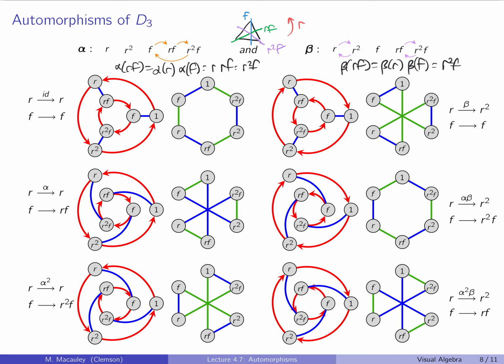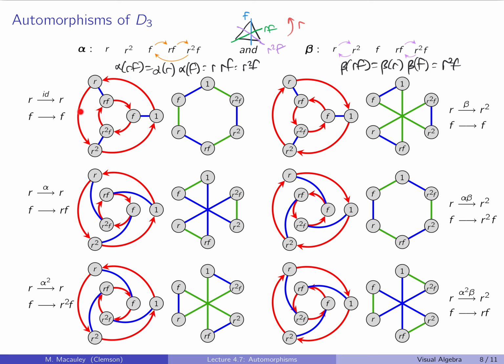So let's think about what this looks like in terms of rewirings. When you apply alpha to here, that's going to take the F path and send it to RF. So the blue path gets sent instead of to F to RF. Over here, when we do beta, beta is going to reverse the red arrows, R and R squared.